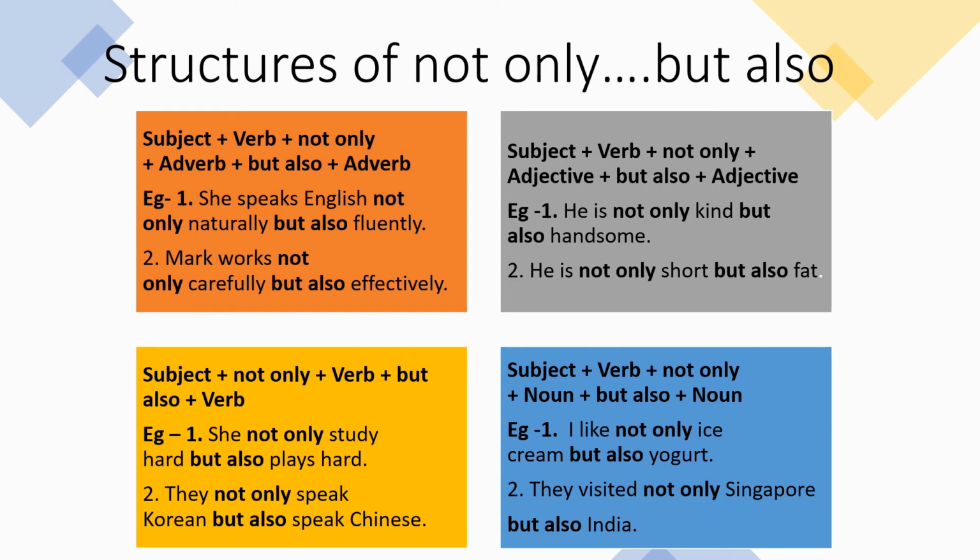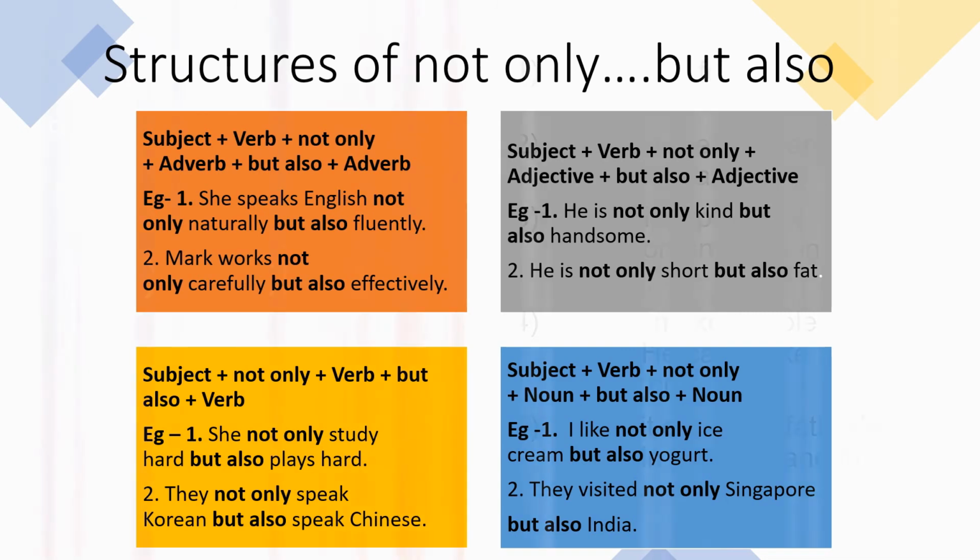One important observation I want you all to have is in three cases where we have adverb, adjective, and noun, the verb is always followed after the subject. Okay, first we have the subject, the verb, and then not only. But only when we have a verb in the sentence or the sentence is talking about a verb, only then do we use not only after the subject.